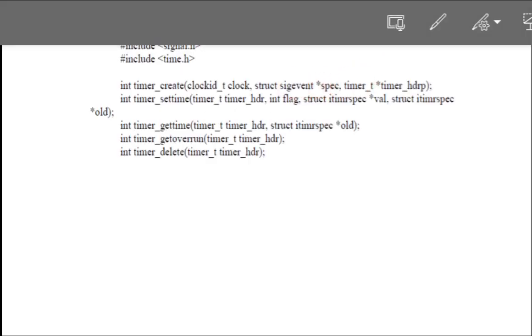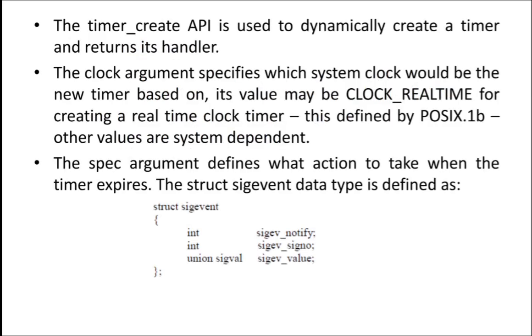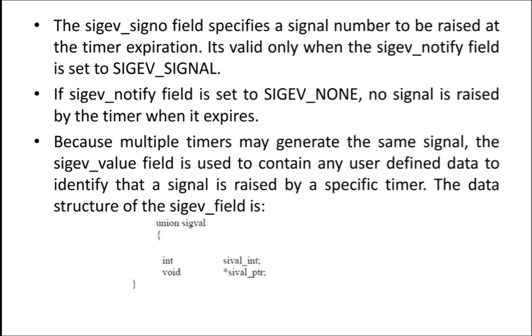See what different types of data we are going to define in the structure signal event: signal event notify, signal event signal number, and signal event value, right? So this structure contains different fields. I'm going to explain this.